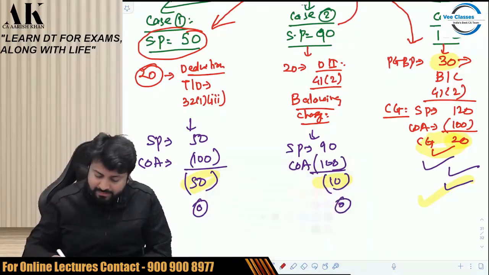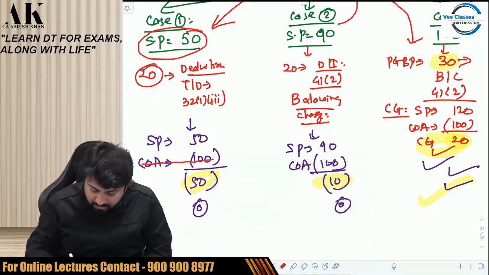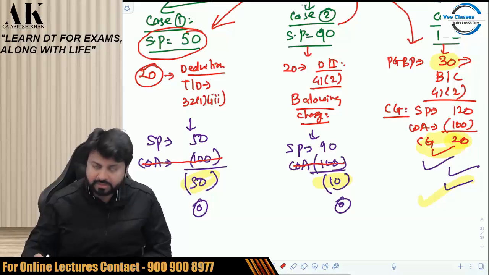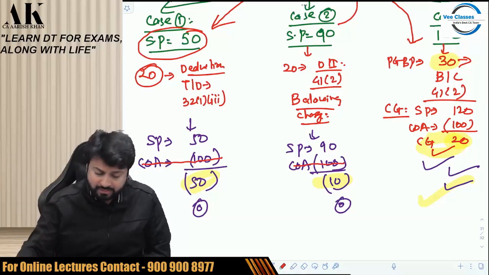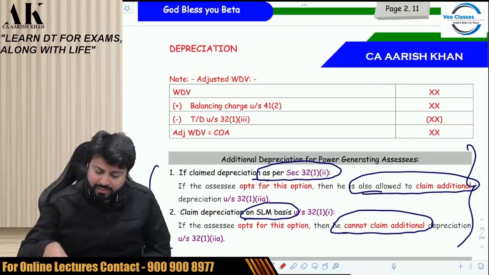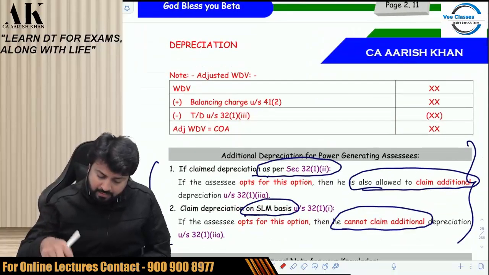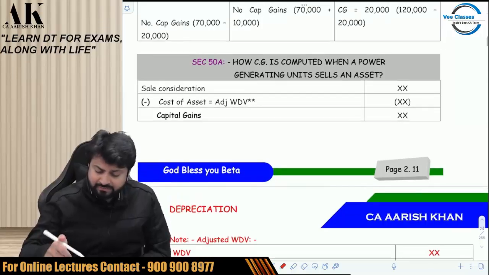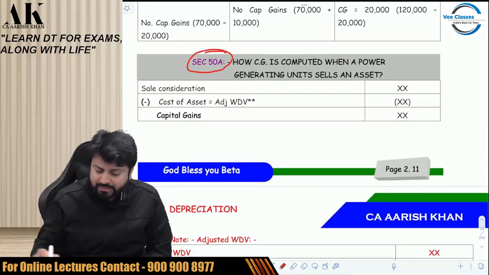Because the government has said that you are not supposed to take the cost of acquisition as 100 rupees, but you are supposed to take the cost of acquisition as what they have defined. They have told us how to compute capital gains in such cases.